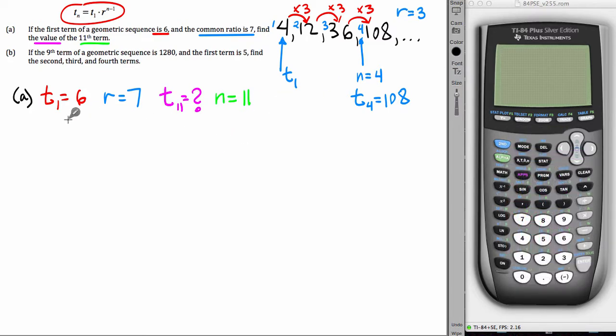So let's write the formula down. T sub n equals T sub 1 times r raised to the n minus 1, and let's fill in some details.